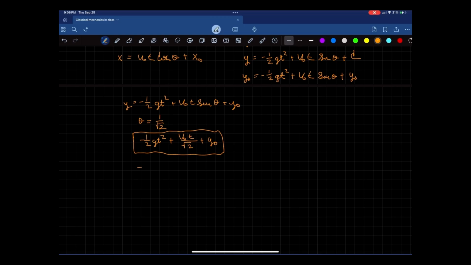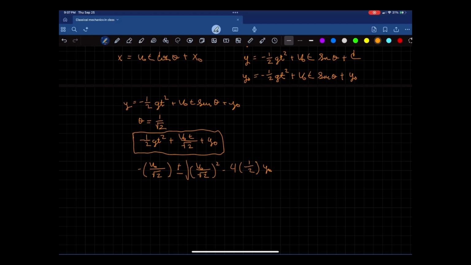So you get negative b, which is v naught over the square root of 2, negative b plus or minus the square root of b squared minus 4 times minus 1/2 g, that's a, times c, which is just y0.